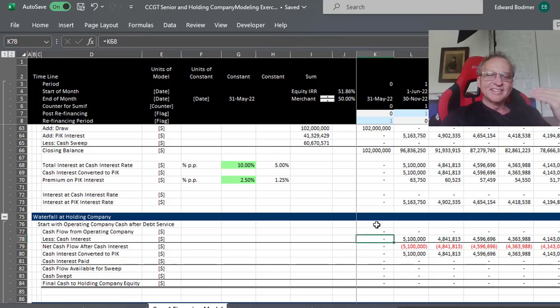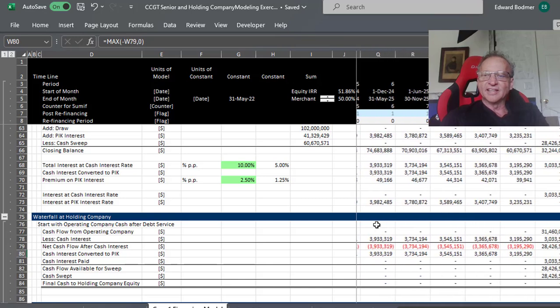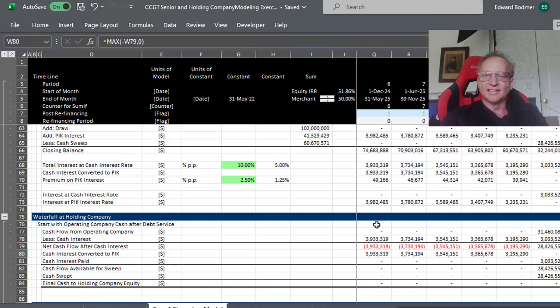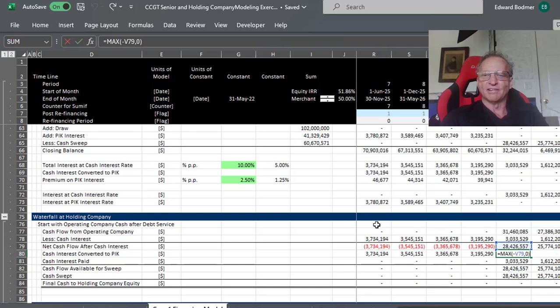We can see kind of how this could work, and then you make another cash flow waterfall, and you see if there's negative cash, we have zero cash, and we have to try to pay our cash interest. If I just did a maximum of the amount of cash interest we could pay, or zero, so eventually we get a little cash flow. Ooh, and then we can pay off all of our interest.